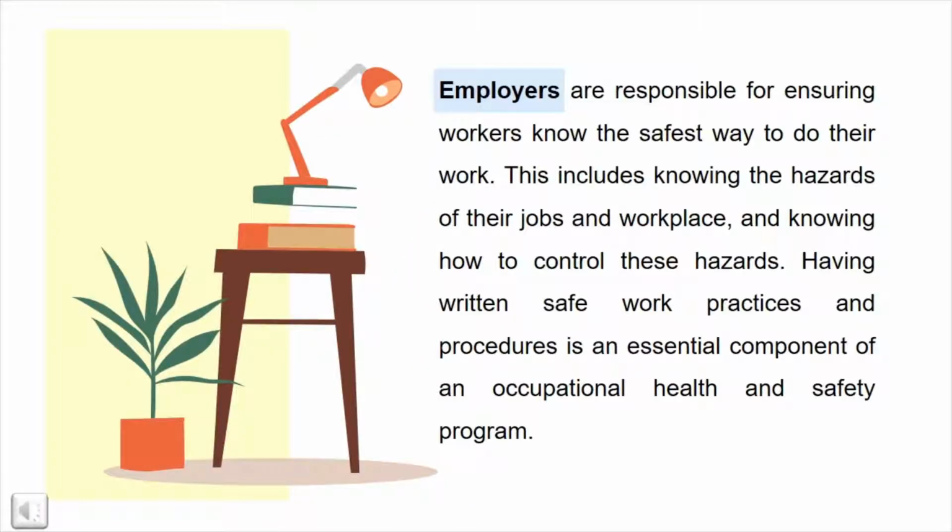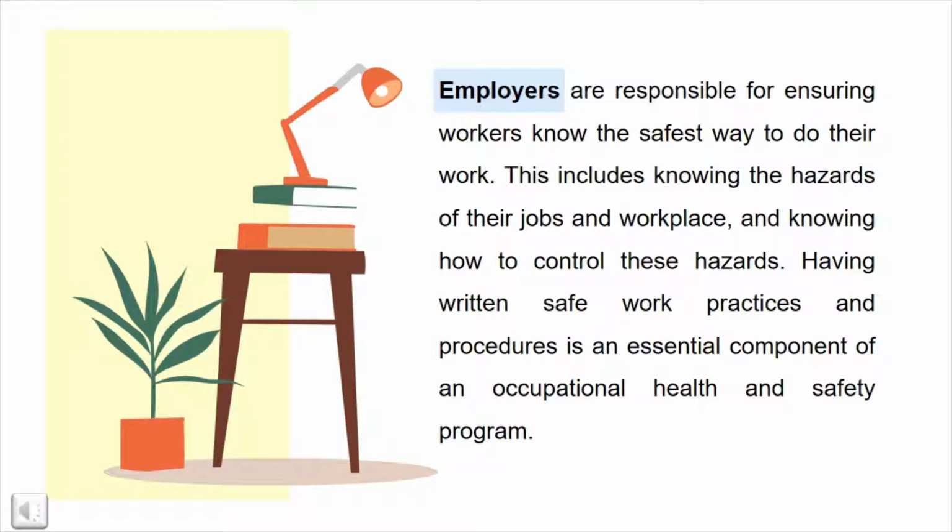Employers are responsible for ensuring workers know the safest way to do their work. This includes knowing the hazards of their jobs and workplace, and knowing how to control these hazards. In any kind of job, both employers and employees must know the information about the job offered and applied for, because it will benefit both of you kung susunod at aalamin mo yung bagay na importante, lalo na pagdating sa pagkontrol sa hazards.